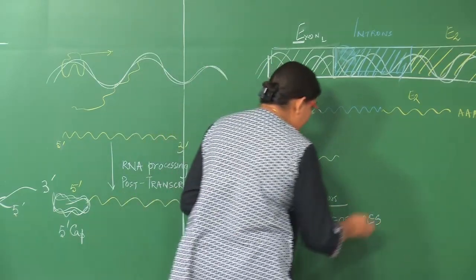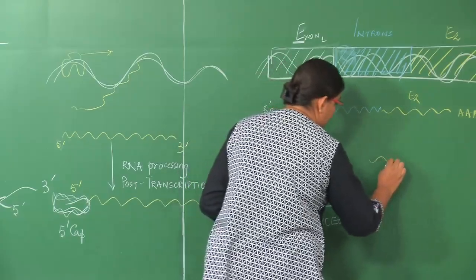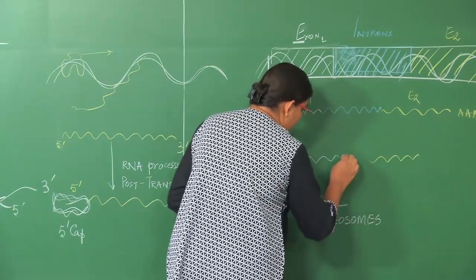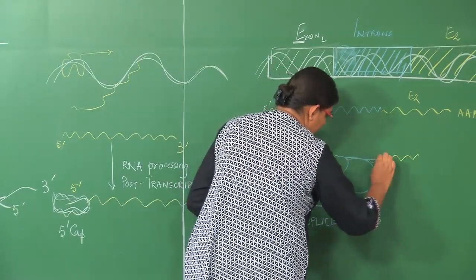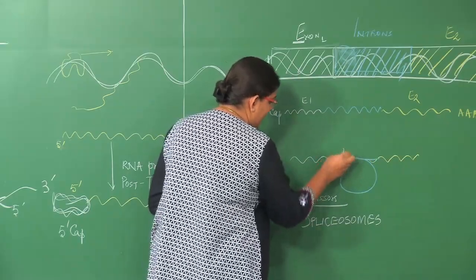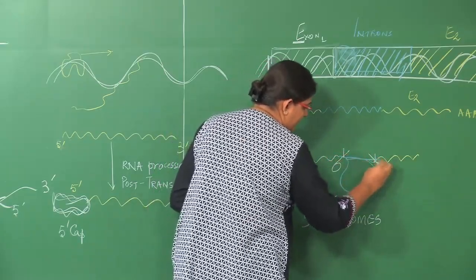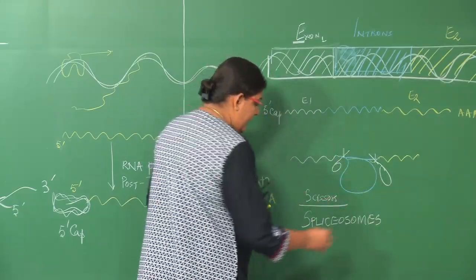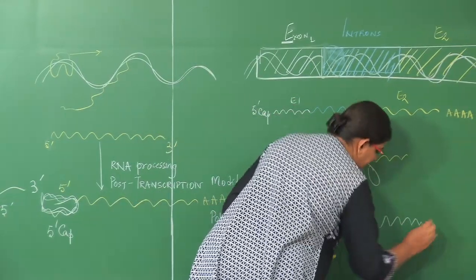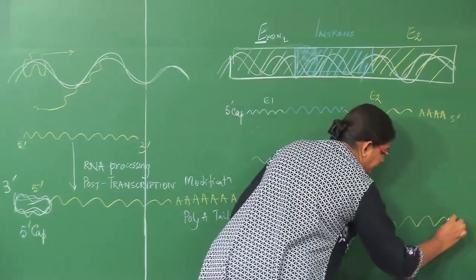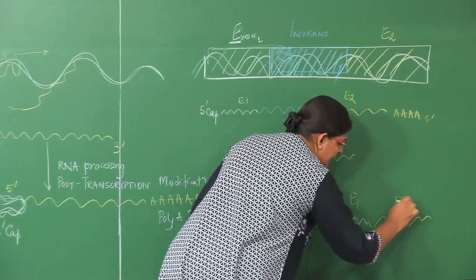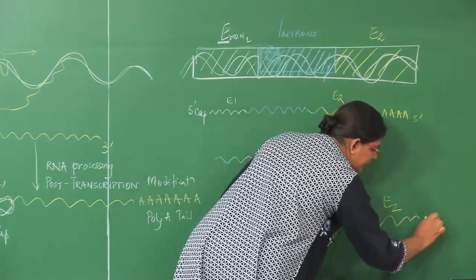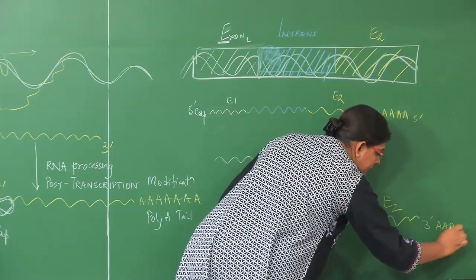What they do is they bring the exons together, loop out the intron, and cut it. You will have a scissor cutting here, and another scissor which will cut it here. You remove the intron, and then you get a continuous mRNA with exon 1, exon 2, 5 prime cap and a 3 prime poly A tail.